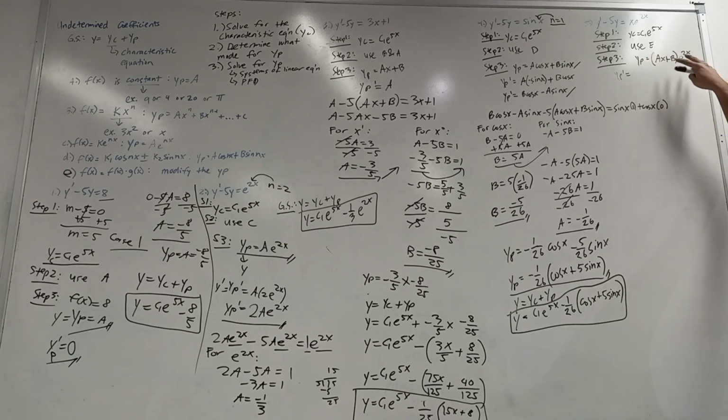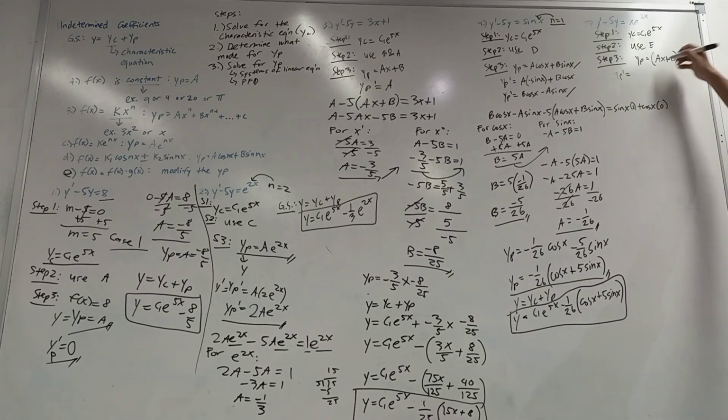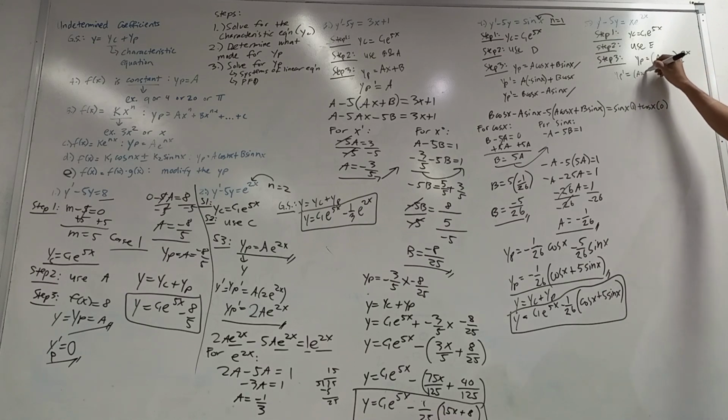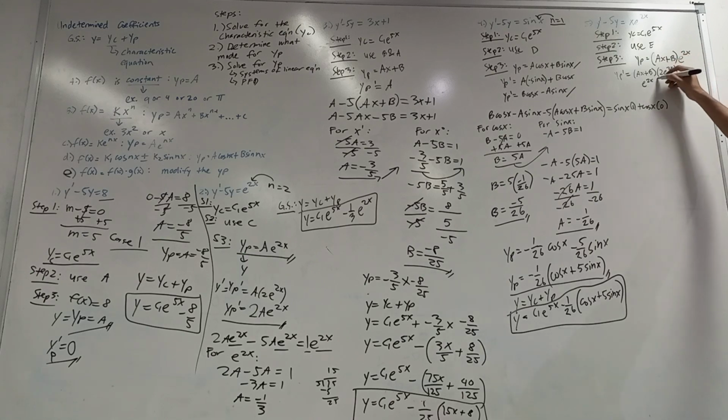So, taking the derivative of this, first times the derivative sa second, plus second times the derivative sa first. So, ax plus b times the derivative sa second na 2e2x plus second yung e raised to 2x times the derivative sa first, which is a.